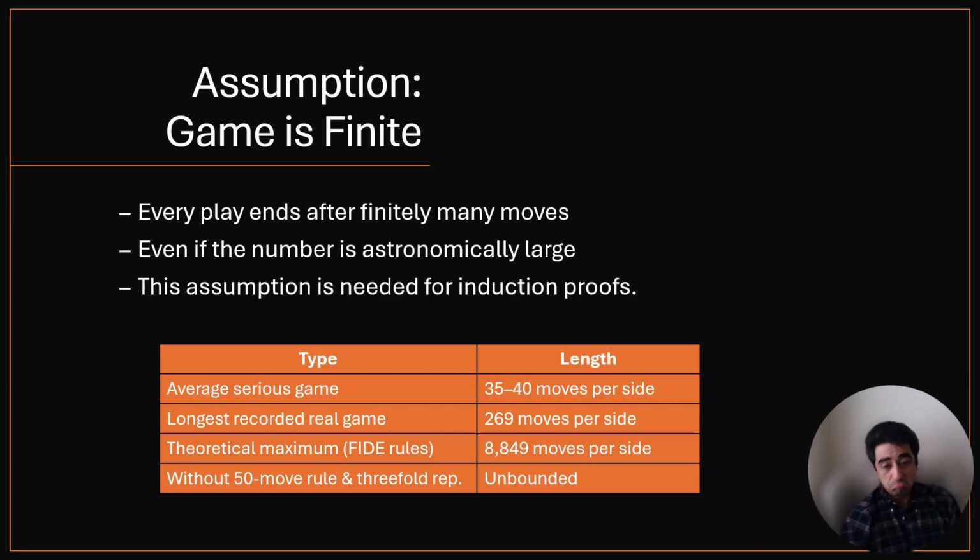And then if you consider no 50 move rule that I mentioned earlier, or no threefold repetition, then we can easily see that the game can be unbounded, or it would be infinite. Why? Because the players can just move, let's say, a knight back and forth, and not care about each other's kings and not focus on checkmating the opponent.